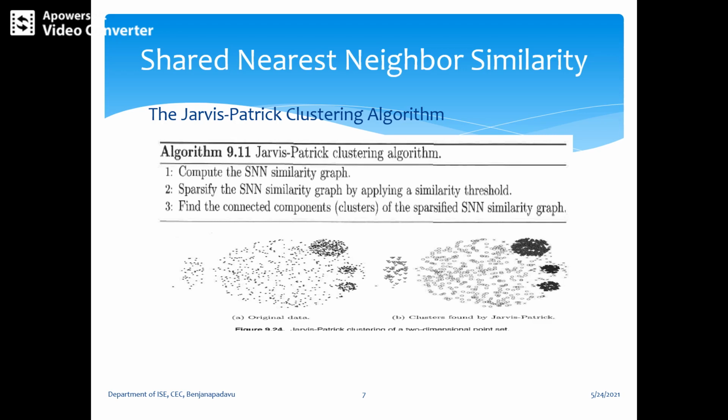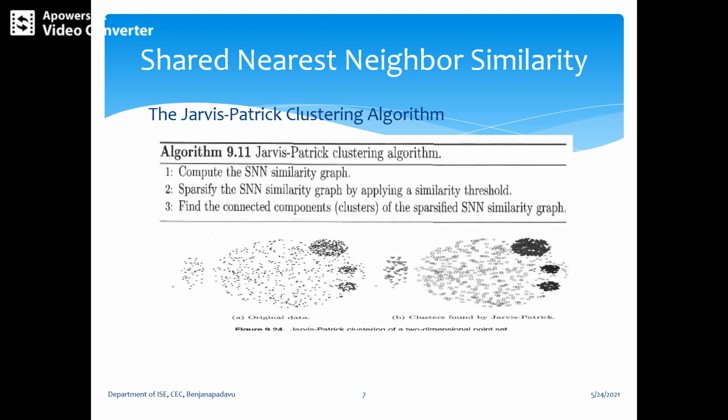The clusters are simply the connected components of the SNN graph. The Jarvis-Patrick clustering algorithm says: first, compute the SNN similarity graph; then sparsify the SNN similarity graph by applying a similarity threshold; then find the connected components, which are the clusters of the sparsified SNN similarity graph.